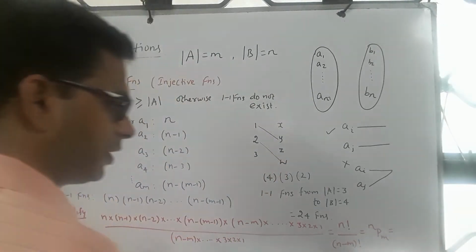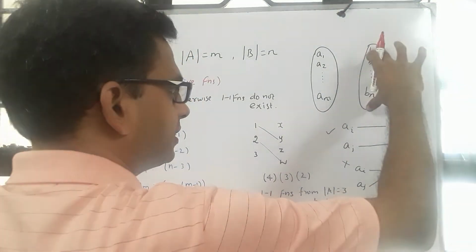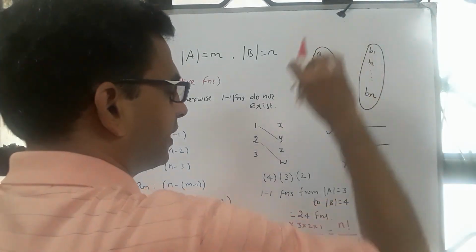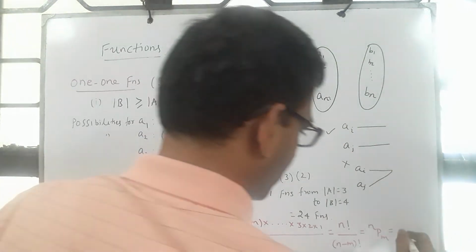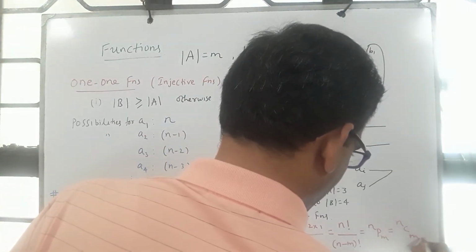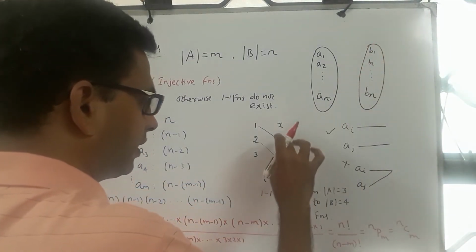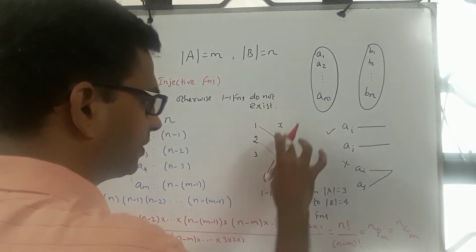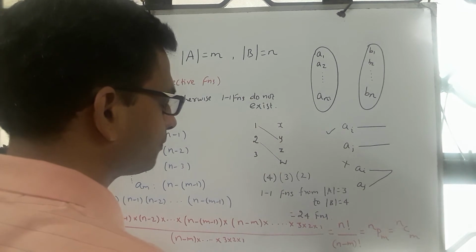Or you can also see it this way. You have n elements, from that you choose m of them, so that this can be mapped. So from n you choose m of them, because if you want to map this to here, I only need 3 elements from this, and which is 4 choose 3.